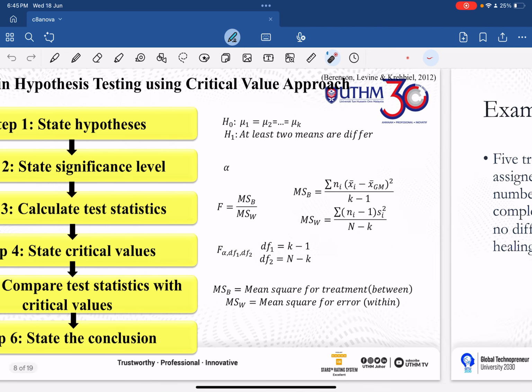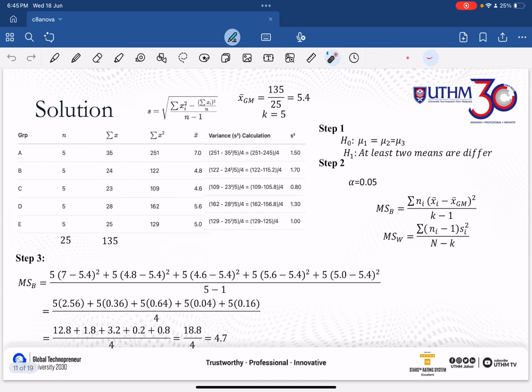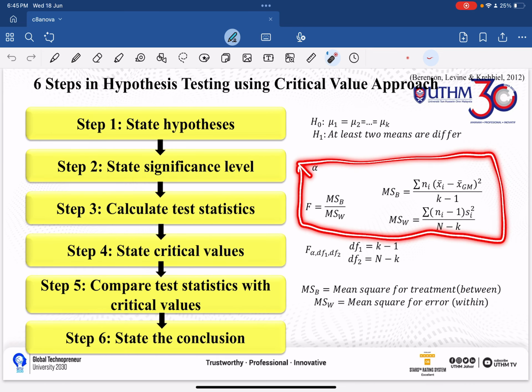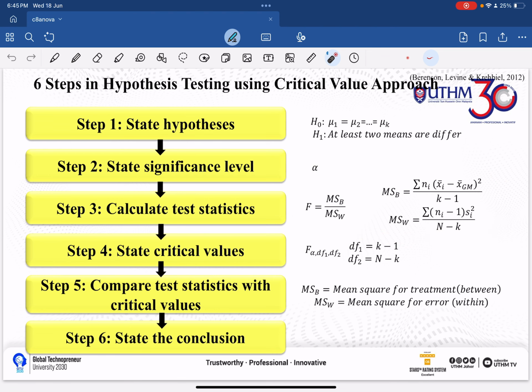Okay, so we need to calculate the test statistic first. The test statistic uses this formula. You need to know that MSB refers to the mean square for treatment, between. And MSW is the mean square for error, within.